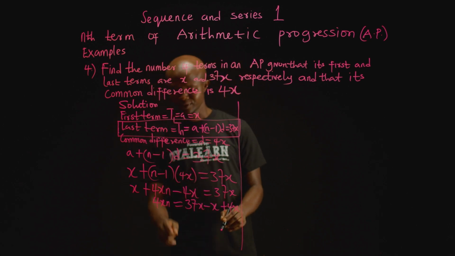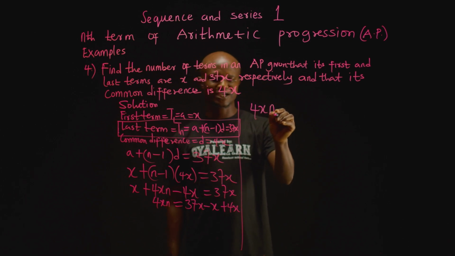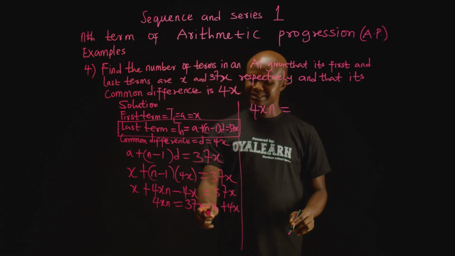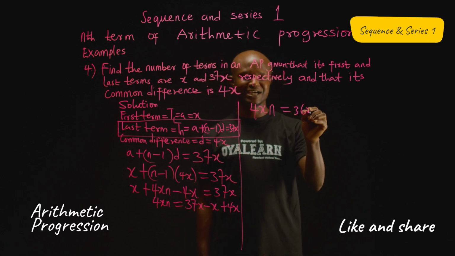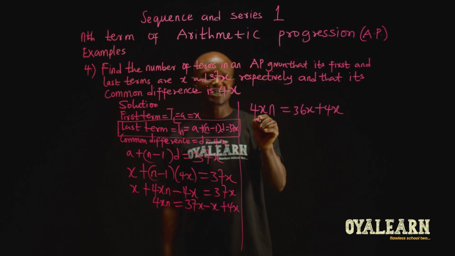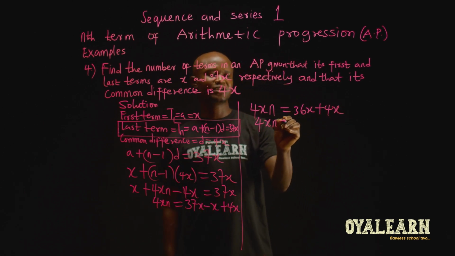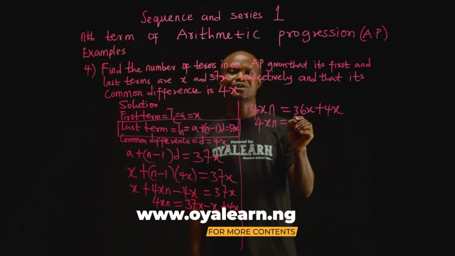Now, it means that 4xn equals 37x minus x, that is 36x, then plus 4x. It means that 4xn equals 36x plus 4x.